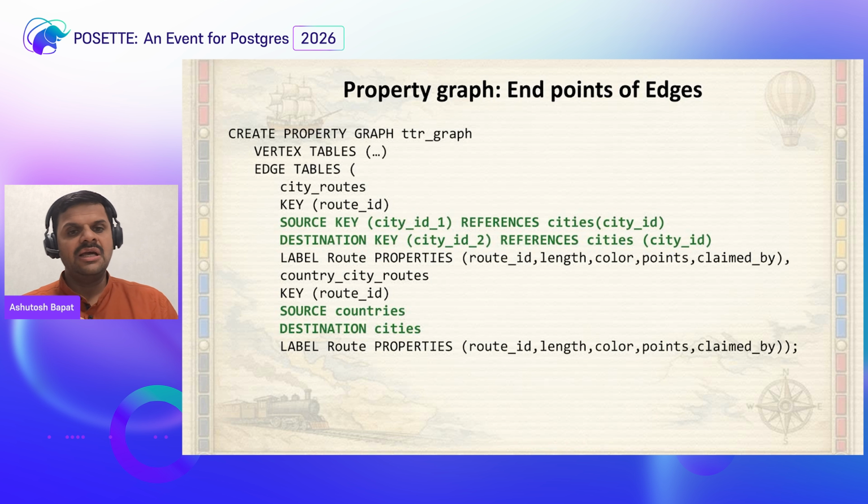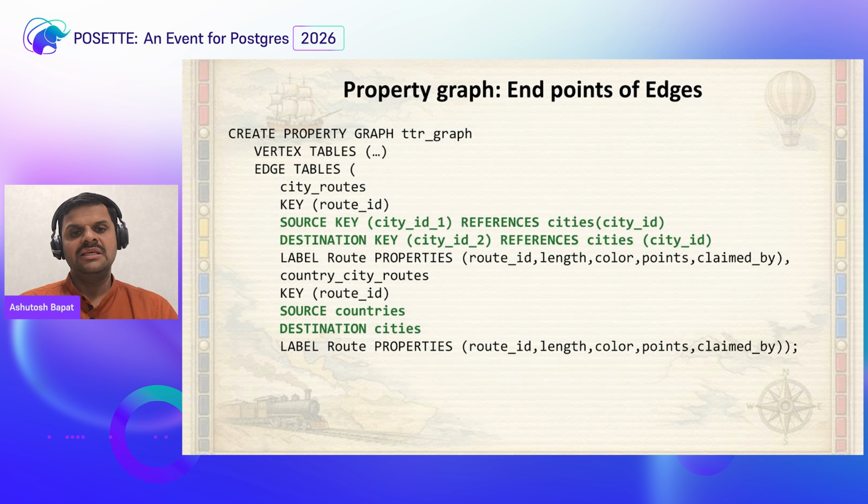The corresponding keywords are source and destination. You will see that in the first edge table, city routes, we have the source key references clause. It is nothing but the foreign key in the city routes table referencing the cities table.